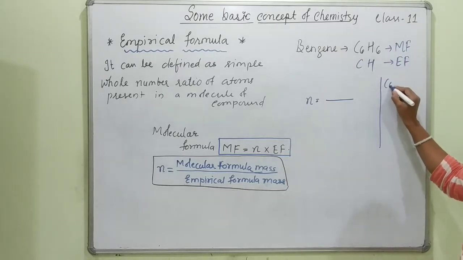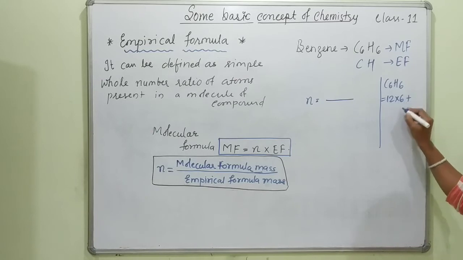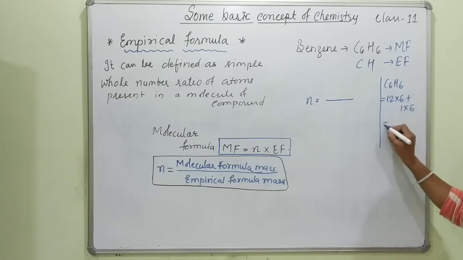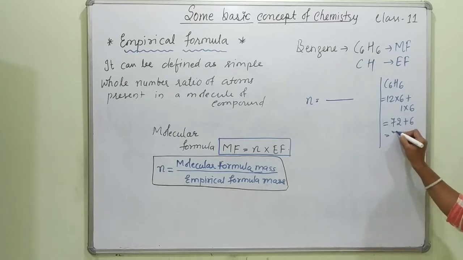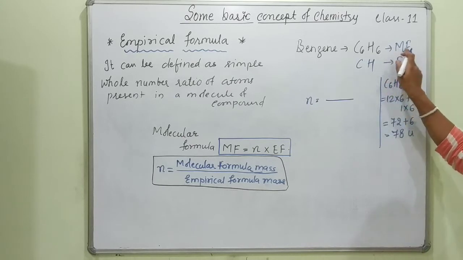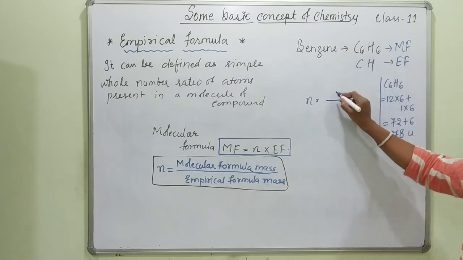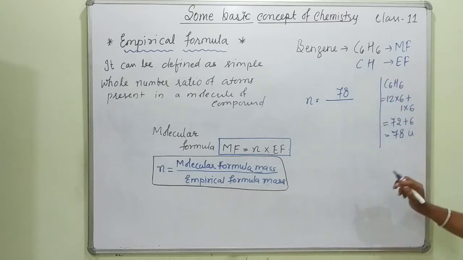How are we going to calculate? C6H6 means 12 into 6 plus 1 into 6, that is 72 plus 6, which means 78 u. So the molecular formula mass of C6H6 is 78. And what is the empirical formula mass?